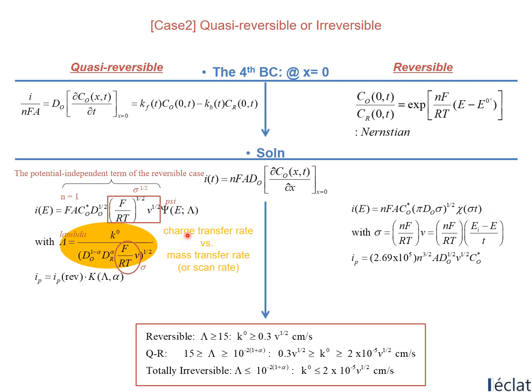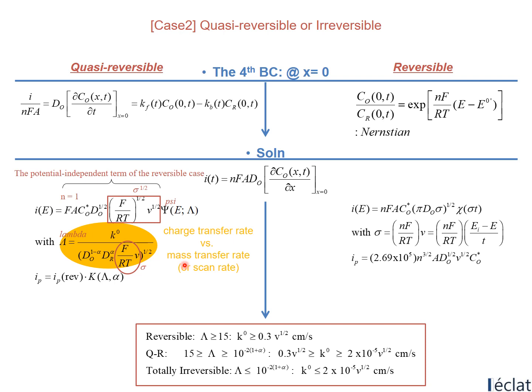However, you should recognize one more thing. Here is lambda, the parameter to define the quasi-reversible system. What is the meaning of lambda? Lambda is the ratio of charge transfer rate versus mass transfer rate or scan rate.